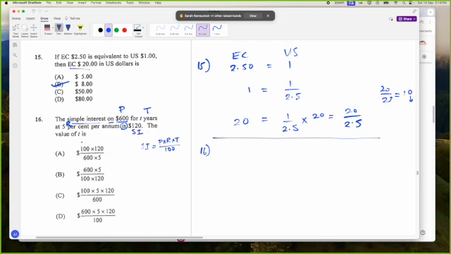And they want the value of T. So simple interest is this. The principal is 600. The rate is 5. The time is T, all over 100. And so you could see here, even though I could stretch this all the way out, your algebra knowledge should tell you 120. Well, you could throw across the 100.